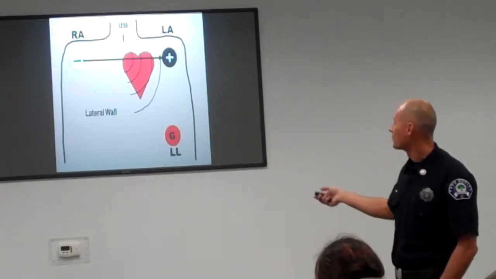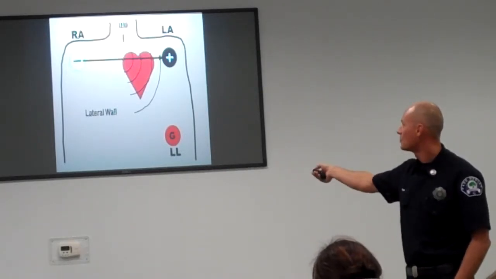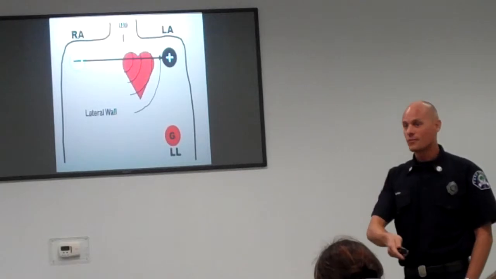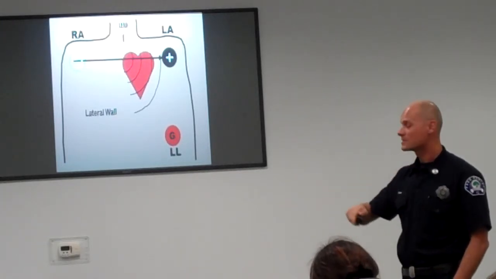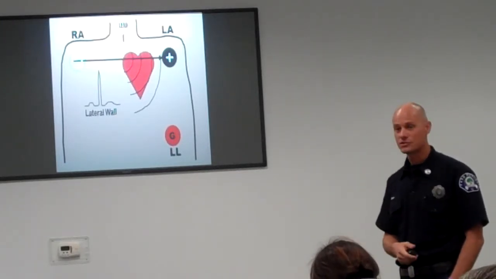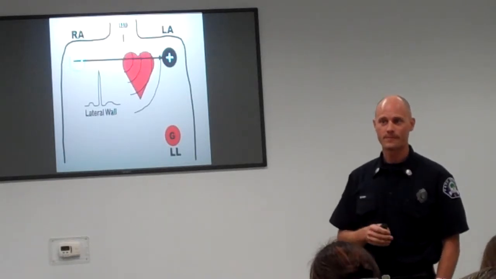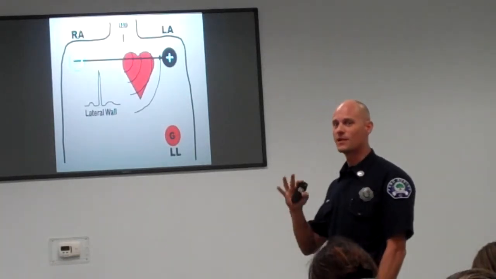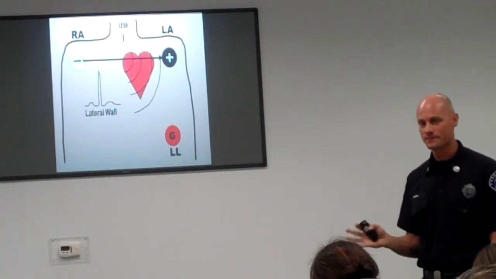So we're moving from a negative lead to a positive lead with the electrical impulse moving towards the positive, so lead 1 should look that way. Make sense? The electrical impulse is always moving towards the positive lead, so it should be positive.